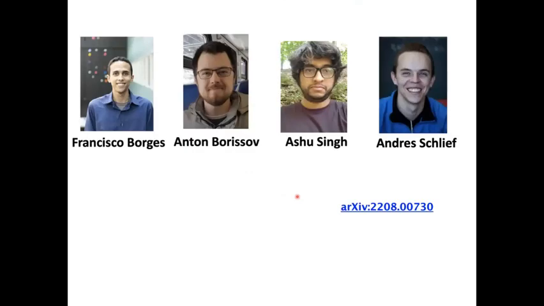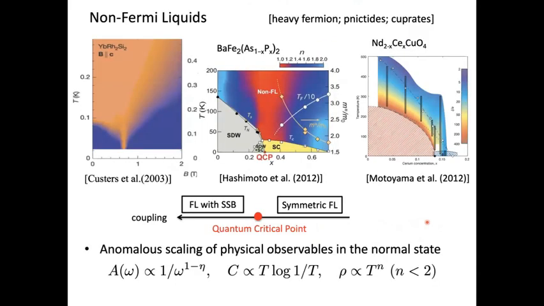So the story on non-Fermi liquid is based on the work with these gentlemen, Francisco, Anton, Ashu, and Andres, posted in this paper. Of course, the real interest for us lies in non-Fermi liquid because this is less well understood, especially when metals are tuned close to quantum critical points.